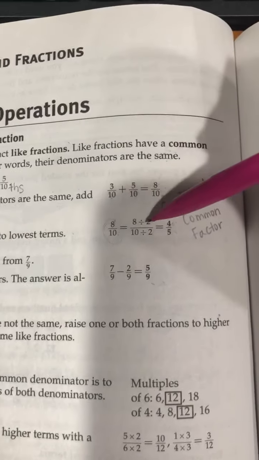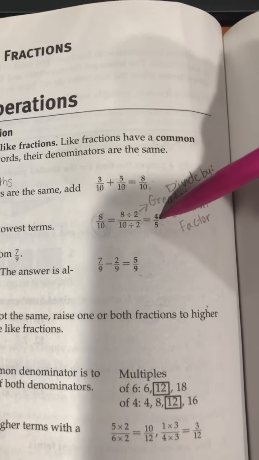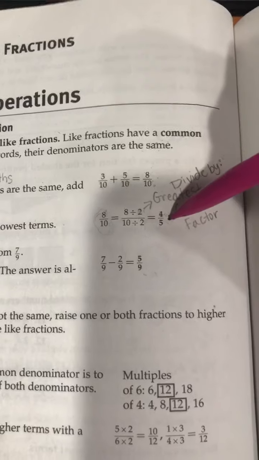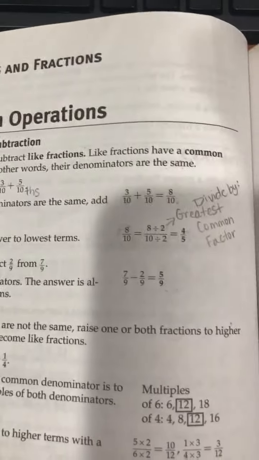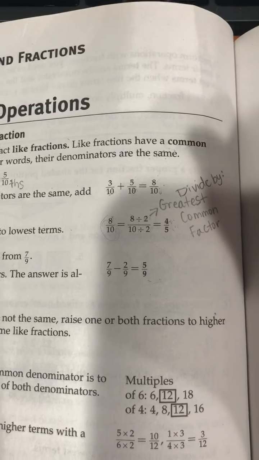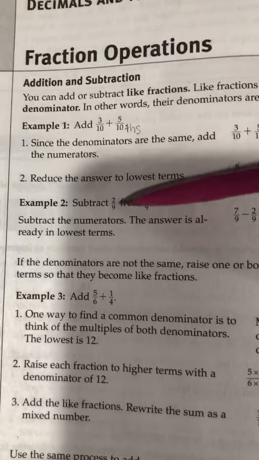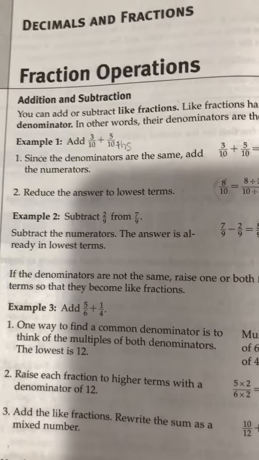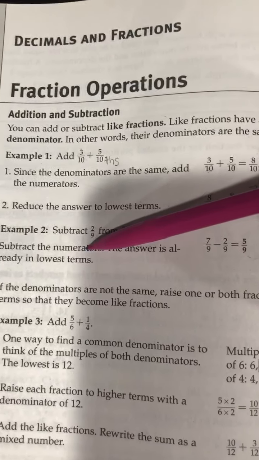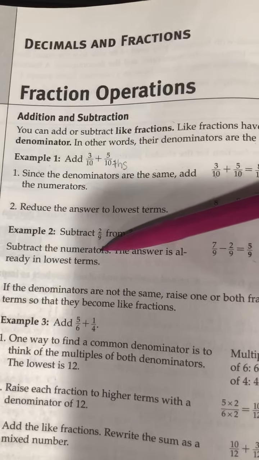Okay? The reason you want to divide by the greatest common factor is because it's the quickest way to get the simplest answer, the simplest fraction, or most reduced fraction. All right, we have another example here, and this time it's subtraction. So 2/9 from 7/9. Subtract the numerators. Again, we're subtracting the numerators only.